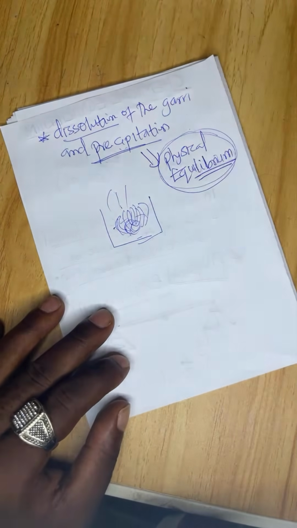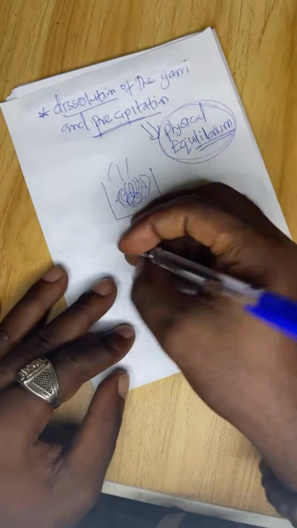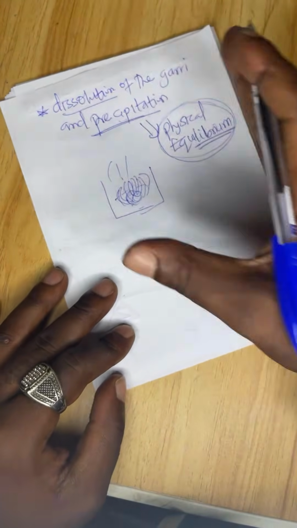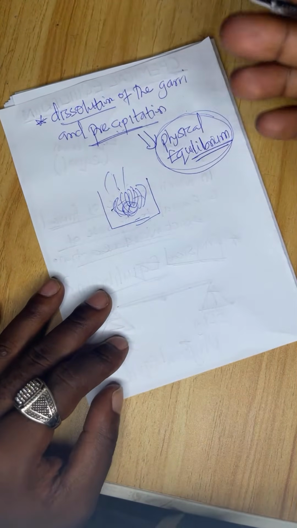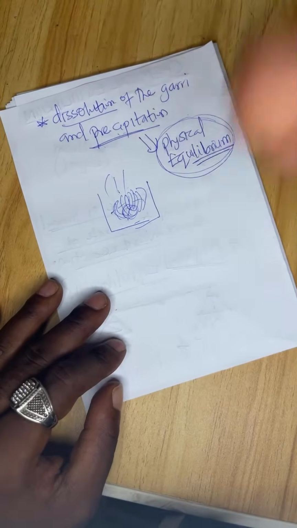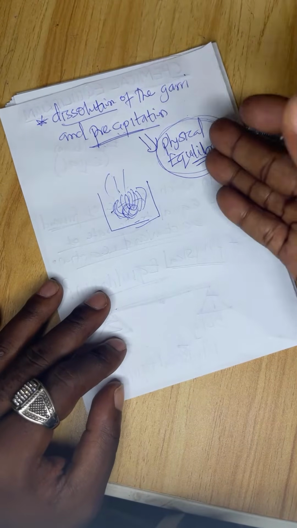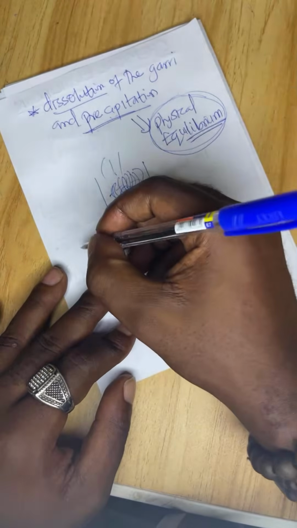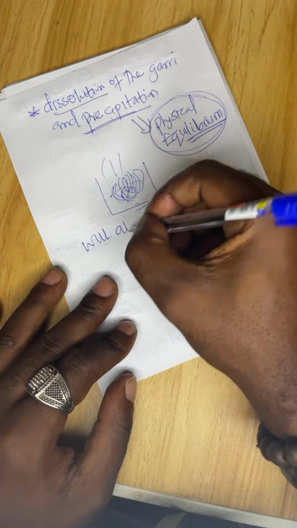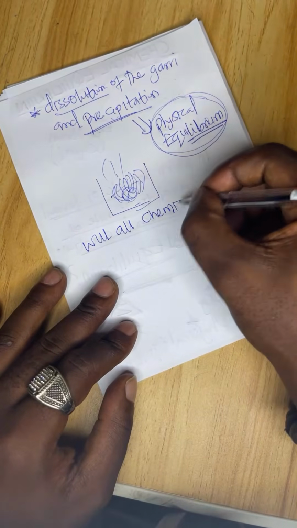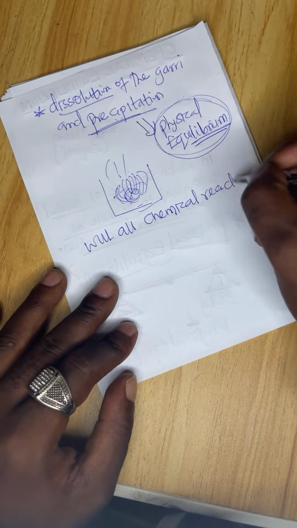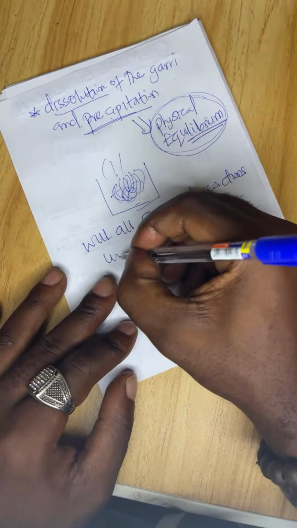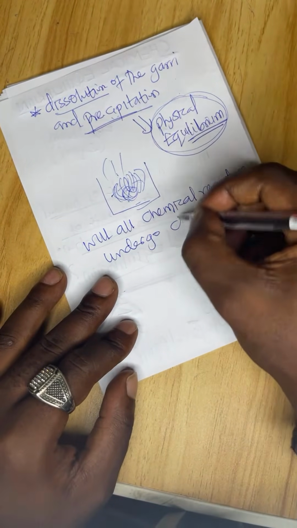Okay, that is that. Now the question becomes, if we understand that it is only chemical reactions that can undergo chemical equilibrium, because we already said if it is a physical change, it will be physical equilibrium. Now the question becomes, will all chemical reactions undergo chemical equilibrium?